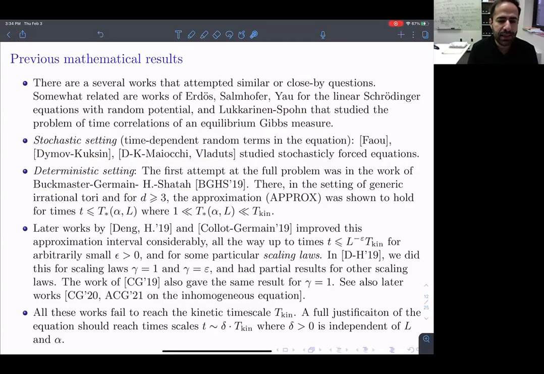In that setting, we put ourselves in the setting of the irrational torus. This is a torus where the aspect ratios are rationally independent, in dimension d greater than or equal to 3. And in that setting, we did justify the approximation, but there's a big caveat: we only justified it for very, very short times, considerably shorter than the kinetic time scale.